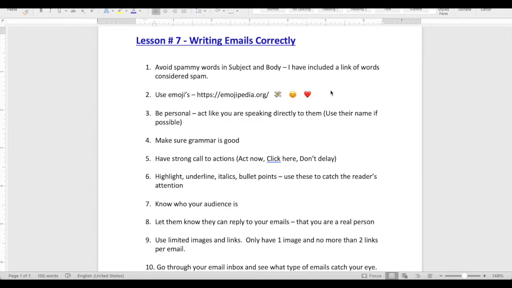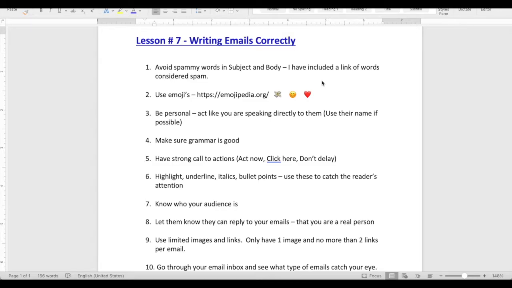So I do suggest clicking on the link and looking those over. Some of them are very generic words, so it really depends on also how you use those words in the email. So again, look those over. You really want to work on avoiding some of those or many of those. Like sometimes it's cash and free and all these things.